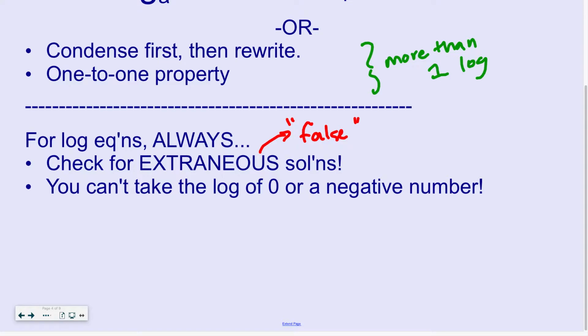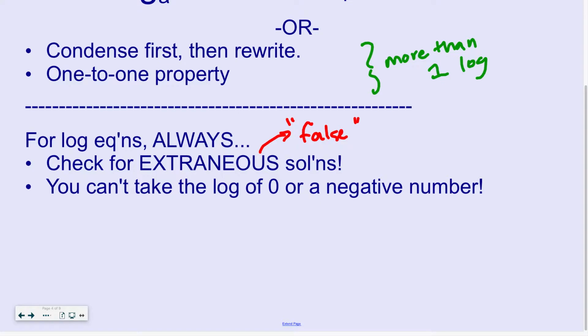And those solutions are going to be created in log equations. If you plug your number back in and you try to take the log of 0 or take the log of a negative number. Think about the basic log functions and their graphs. Their domain is restricted by a vertical asymptote at x equals 0. So you can't take logs of negatives or 0.